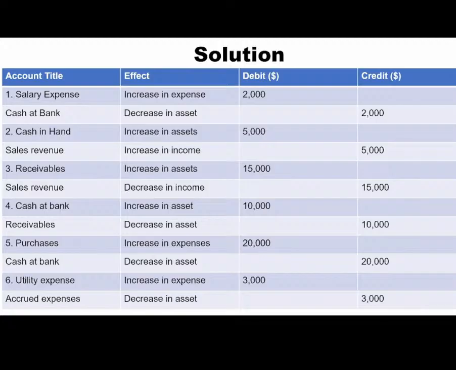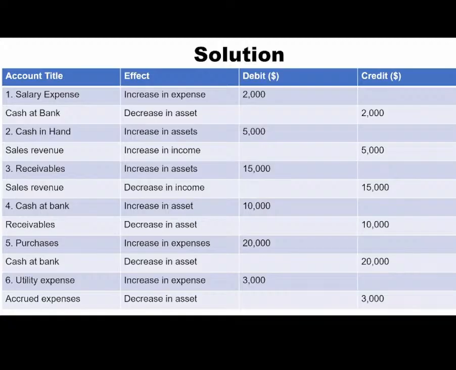Cash at bank, it is going to increase in asset, the 10,000, the receipts from the credit customer, as well as decrease in assets on the receivable. So we credit the 10,000. Purchase of books for cash will increase in expense, we debit 20,000, and also decrease in our asset in the cash at bank.